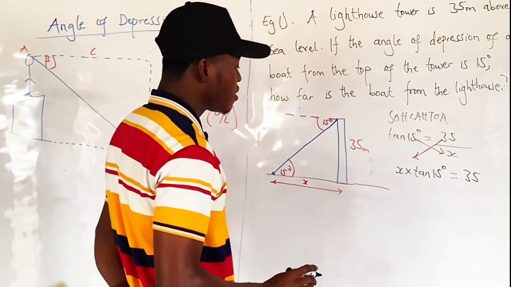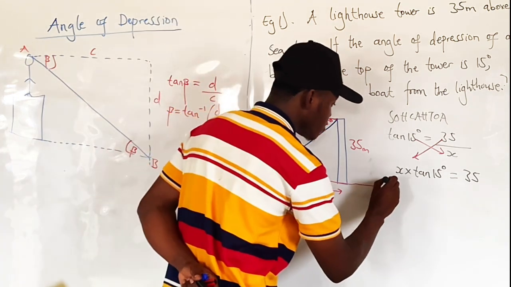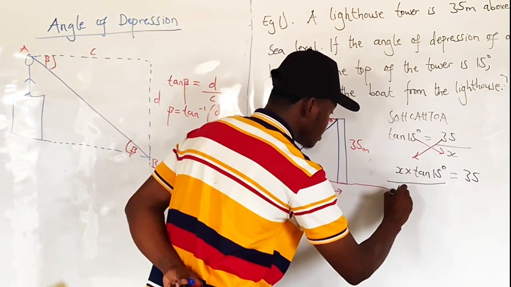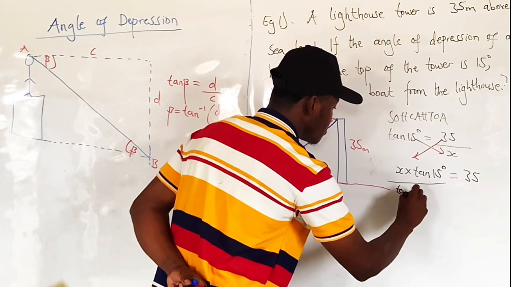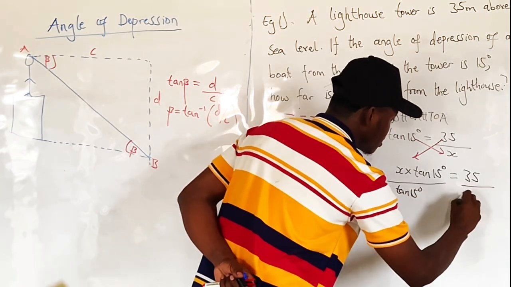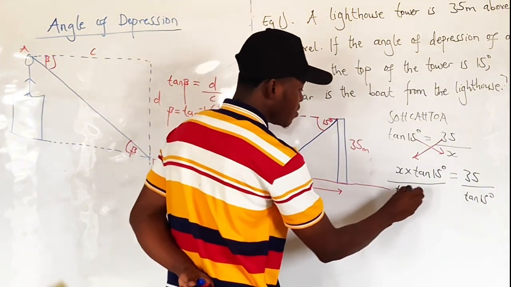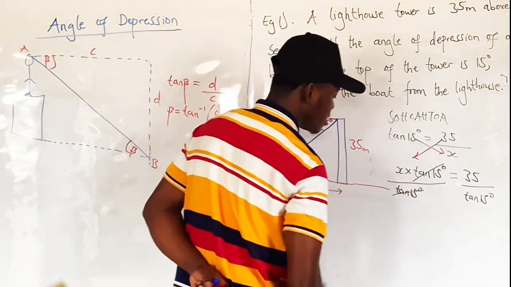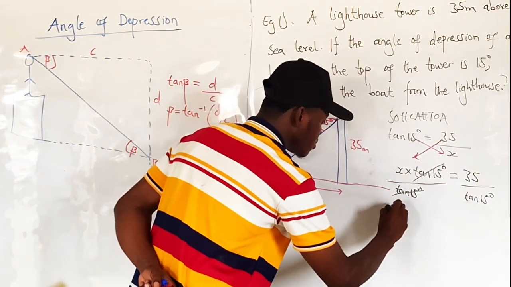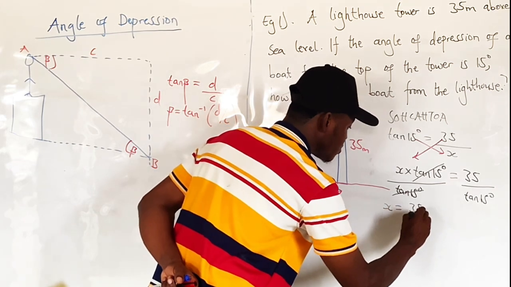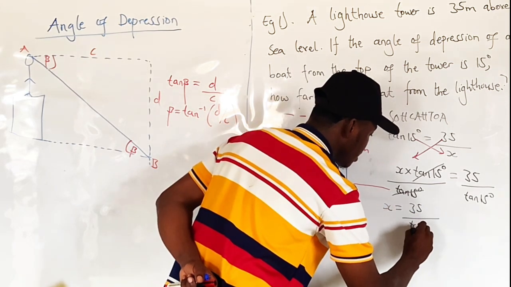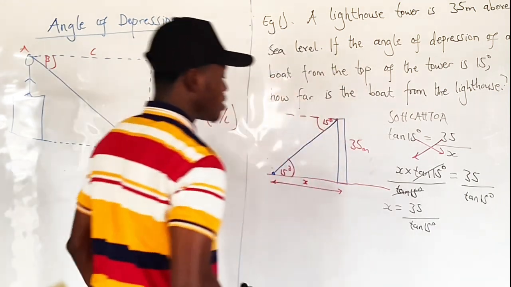We divide both sides by the coefficient of x, which is tan 15. So x tan 15 over tan 15, and then 35 over tan 15. Tan 15 will cancel tan 15, and x is equal to 35 over tan 15 degrees.